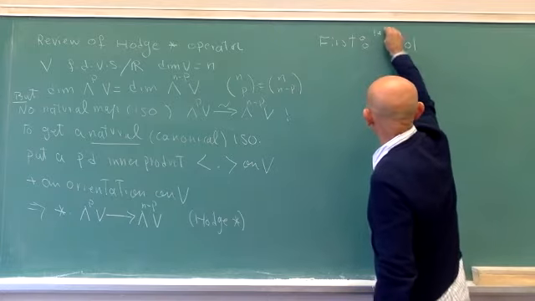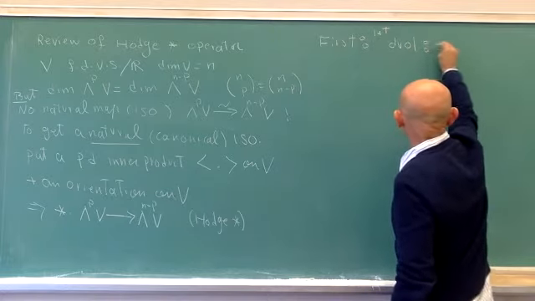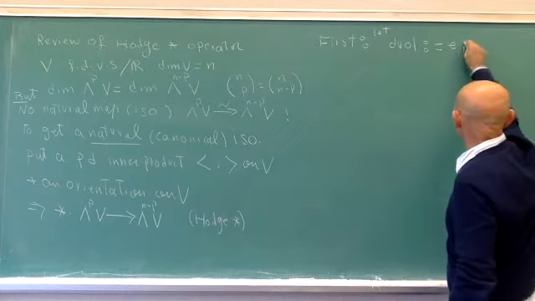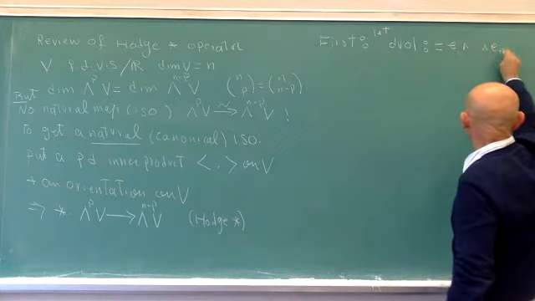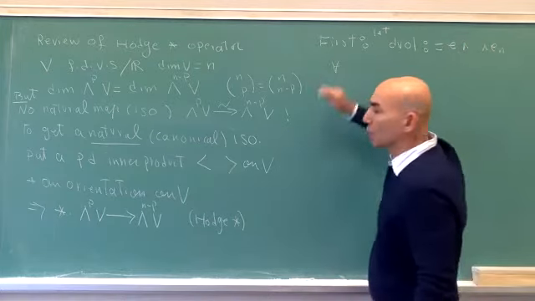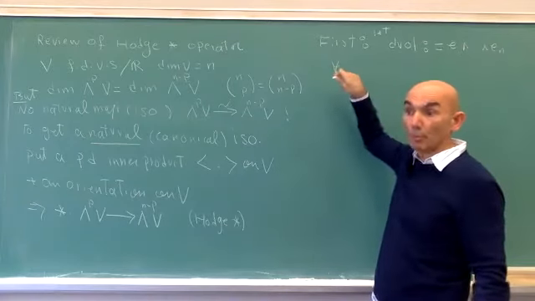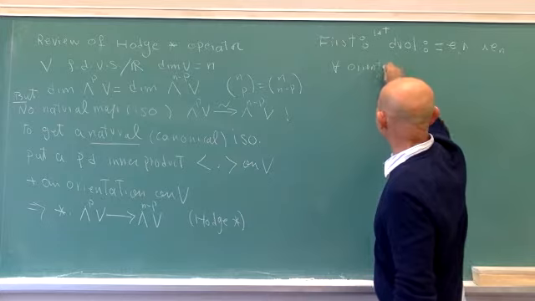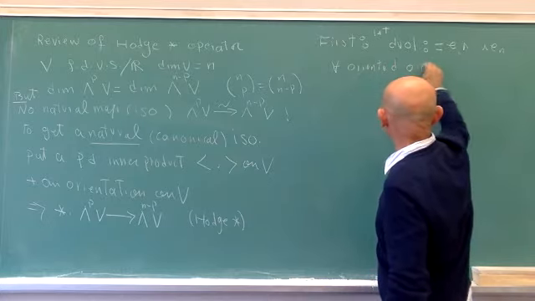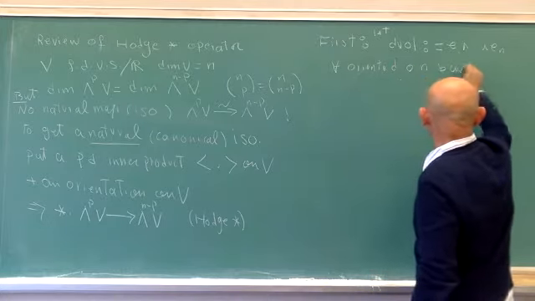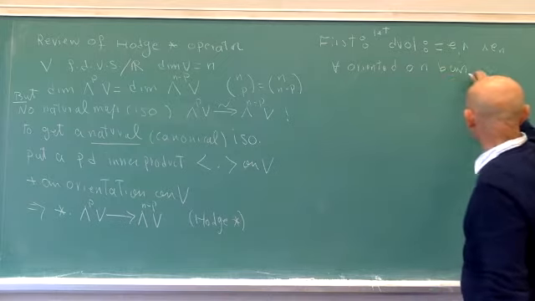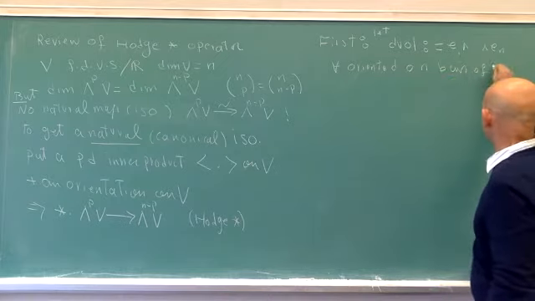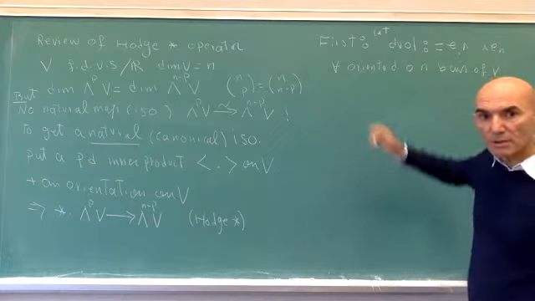Let d volume, by definition, be equal to e1 wedge through en for any oriented orthonormal basis of V.